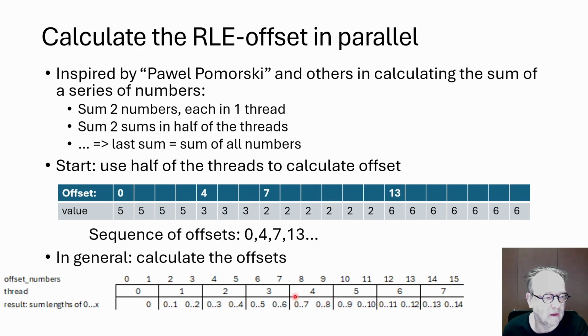For instance, thread number 4 needs to know the sum of all these lengths, 0 up to 7. And for that value, it then needs 0 up to 8. It's easy to see that if you have one offset of the thread, the other one is pretty easy to calculate. You just need one extra addition.